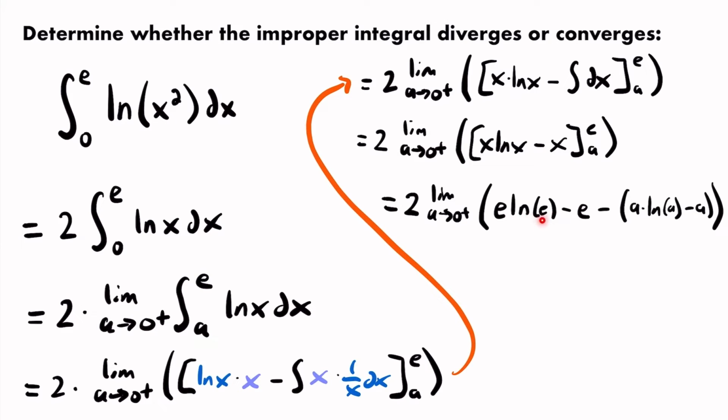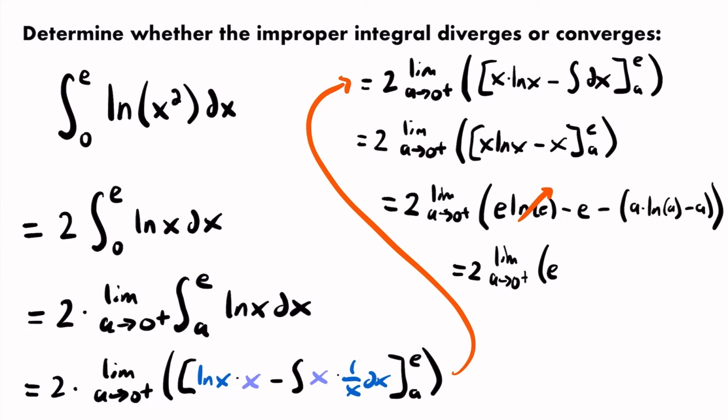Remember that the natural log of e is just equal to 1. So this will be equal to 2 times the limit as a approaches 0 from the right of e times 1. So that's just e, right? E times this is just going to be e. This is just 1. But then we have e minus e, right? We have this e minus this e. So those are just going to cancel out to become 0.